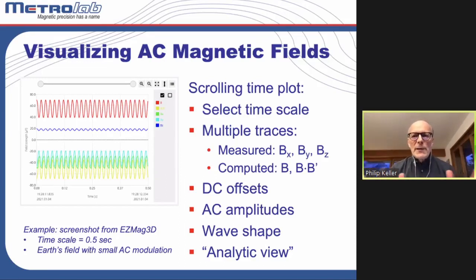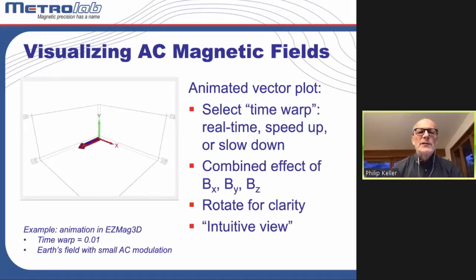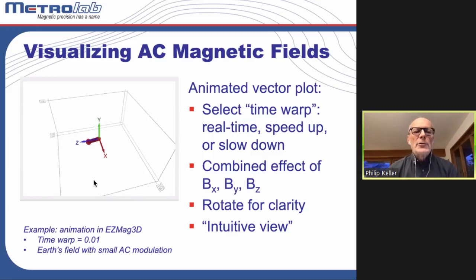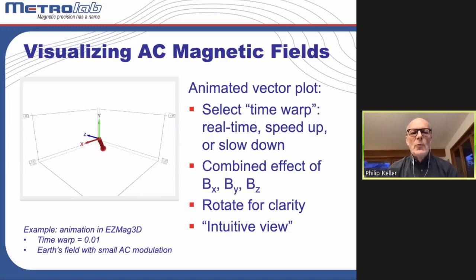But it all sort of appeals to the left half of the brain. It's very analytical. So what if you want a little more touchy-feely sense of what's going on? Well, you can use this vector representation. And here's the same data represented on a vector plot to give you an idea of what's really happening.